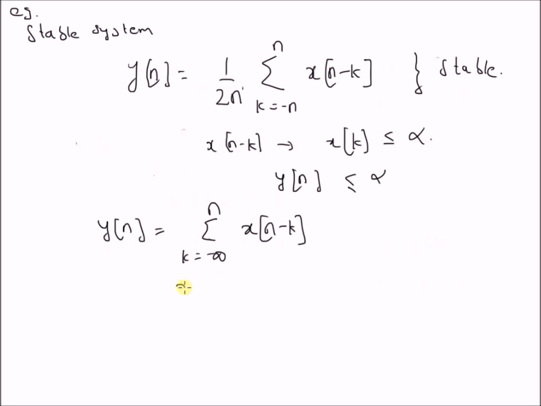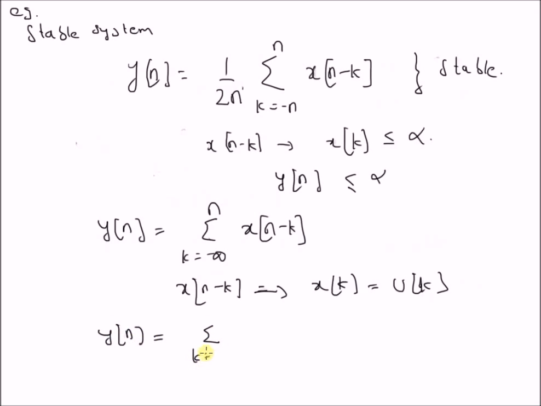That is, even if the value of x of n minus k is bounded, for example if it is a delayed version of x of k, which is equal to the unit step function u of k. In this case, the output y of n is equal to the sum over k equal to minus infinity to n of u of n minus k.